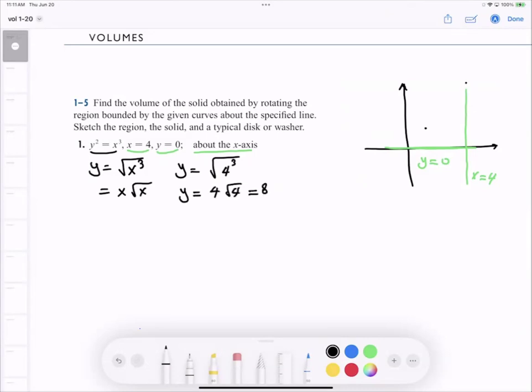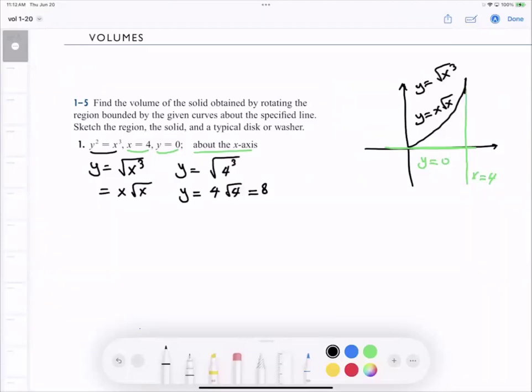So at 4, it should go up here. We expect the graph to behave like this, just by point plotting, nothing really complicated. My graph is not very precise, but you get the general idea. You get y equals x times the square root of x, or y equals the square root of x cubed.